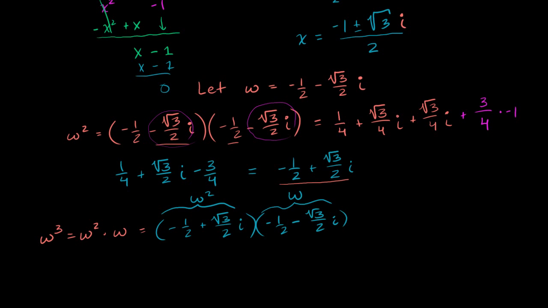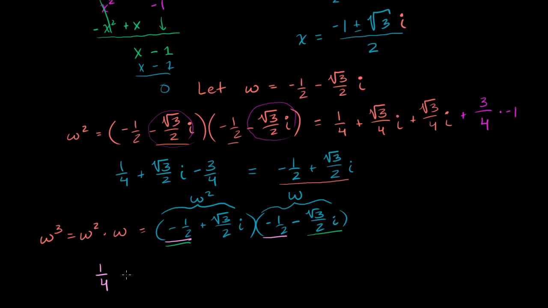So let's multiply these. First, -1/2 times -1/2 gives us +1/4. Then let's do -1/2 times negative square root of 3 over 2i.